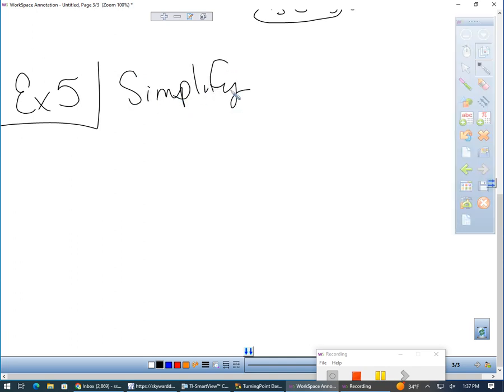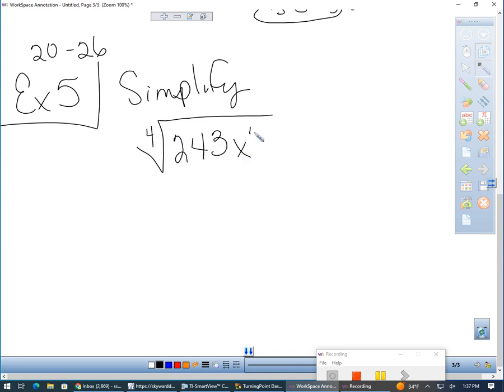And so this is what we're looking at for 20 through 26. And they're just going to give you 1. So let's say I have the 4th root of 243, x to the 4th, y to the 9th.